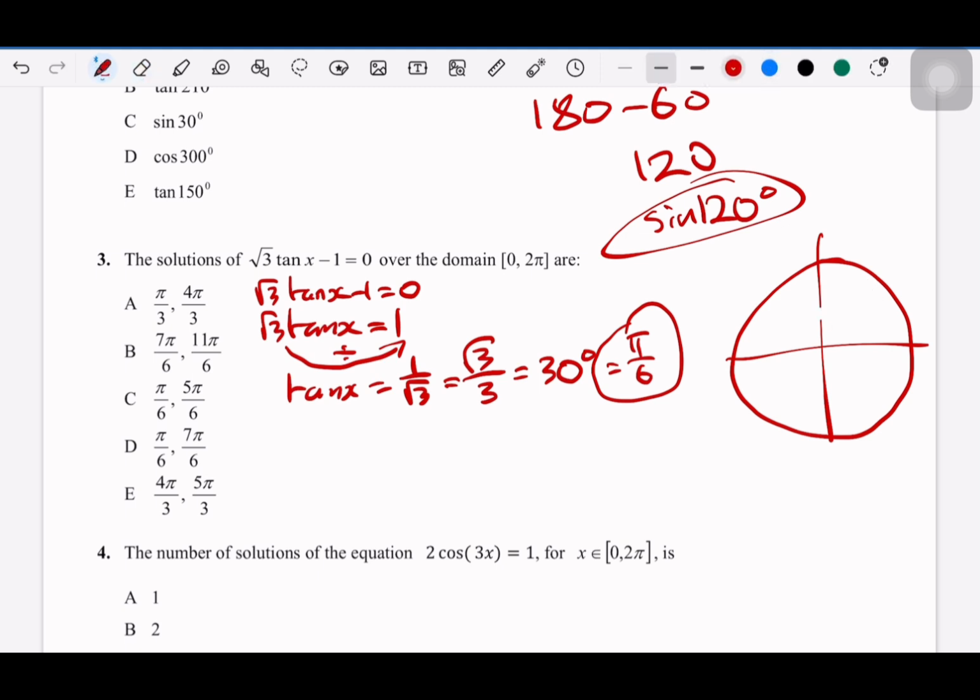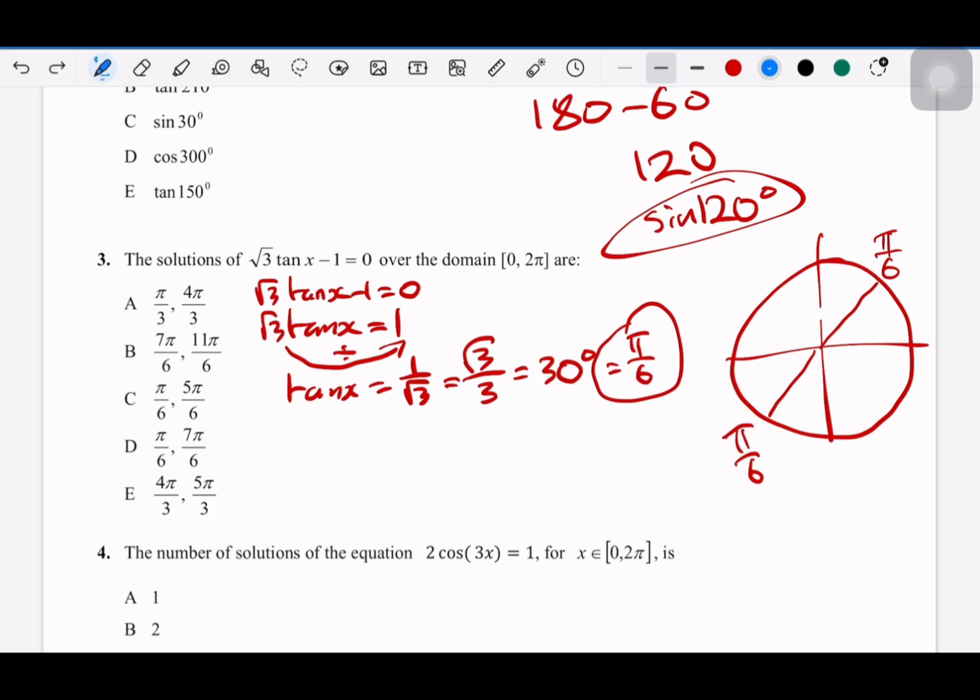First angle, pi on 6. Second angle, pi on 6. And this is when you start working your way towards your answers.